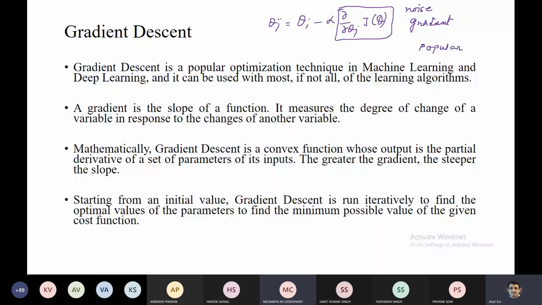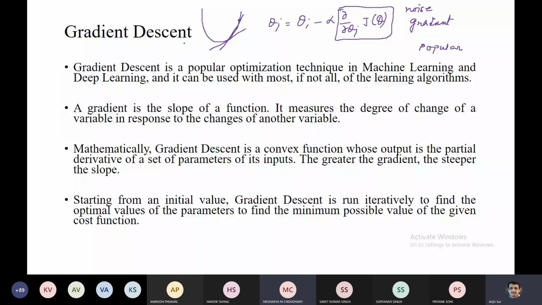Mathematically, the gradient is a vector function whose output is the partial derivatives of a set of parameters of its input. The greater the gradient, the steeper the slope. That you understand very easily. If it is here, its slope is steeper. If it is there, that is basically the idea.